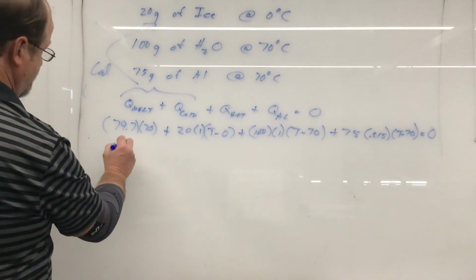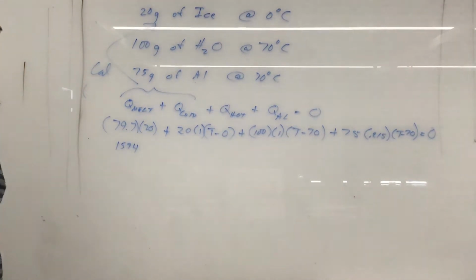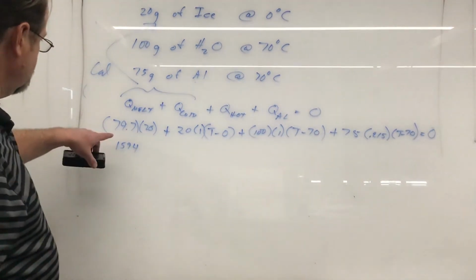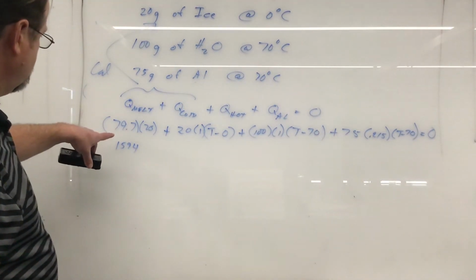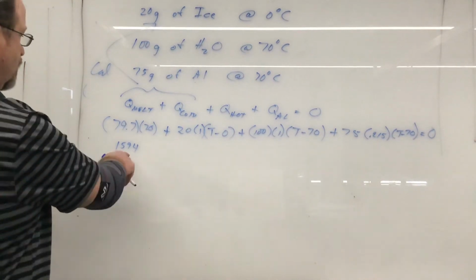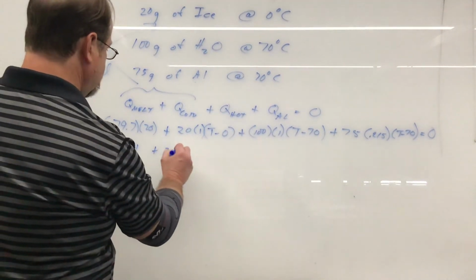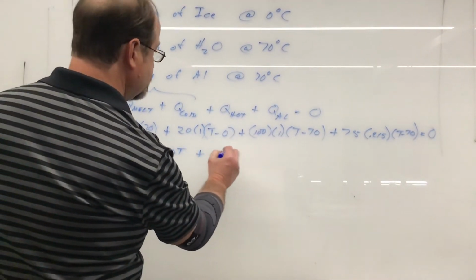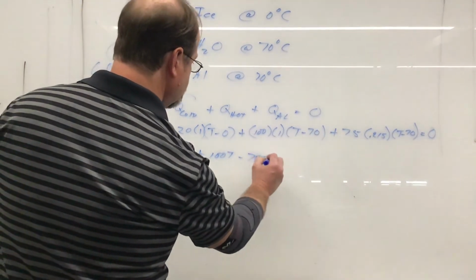This is 1594, I believe. Nope. All right. 16, yeah. All right, plus 20T plus 100T minus 7,000.